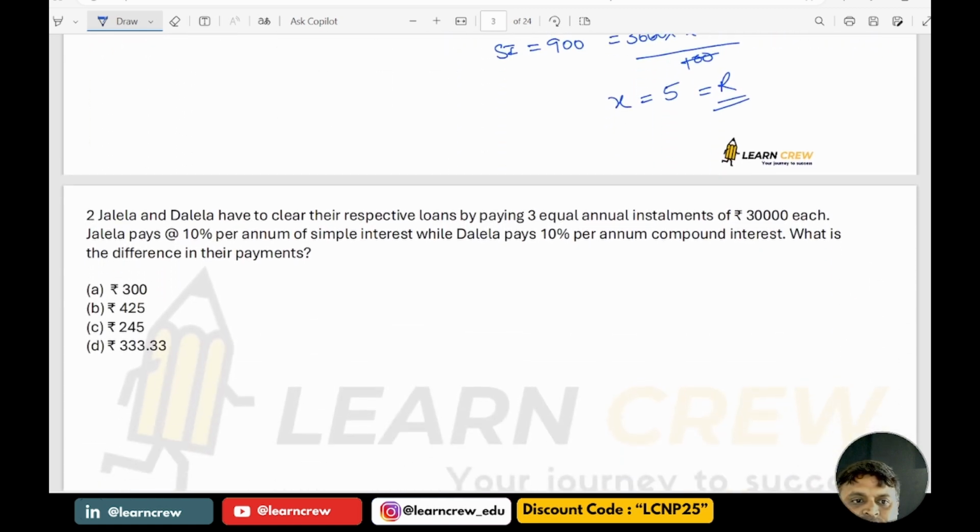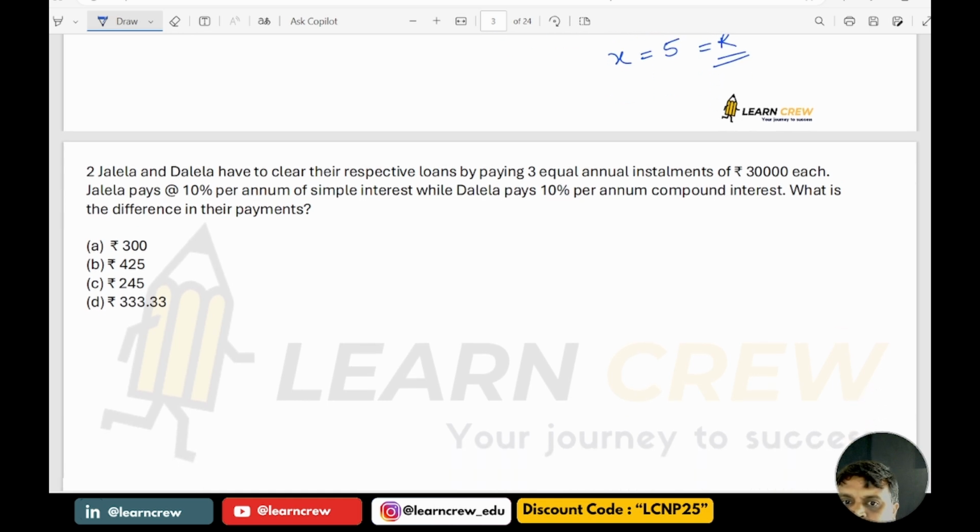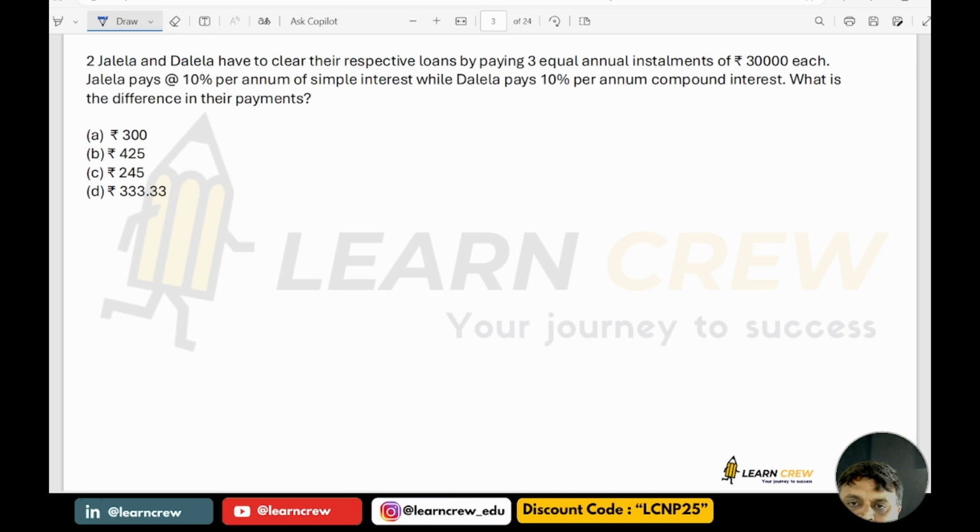Next, Jalela and Dalela have to clear their respective loans by paying 3 equal annual installments of 30,000 rupees each. Jalela pays at 10% per annum simple interest, while Dalela pays 10% per annum compound interest.